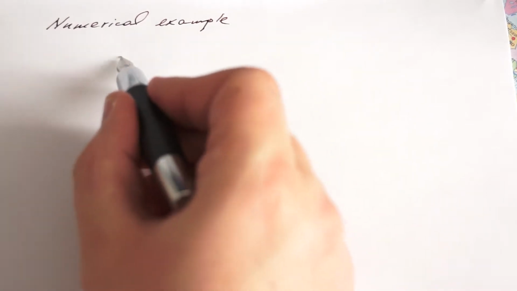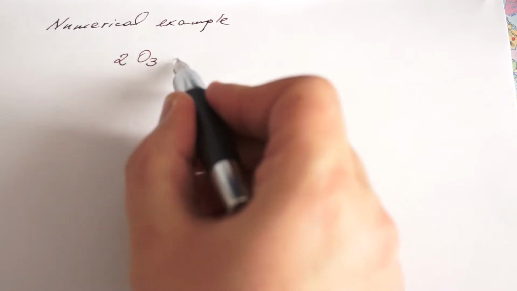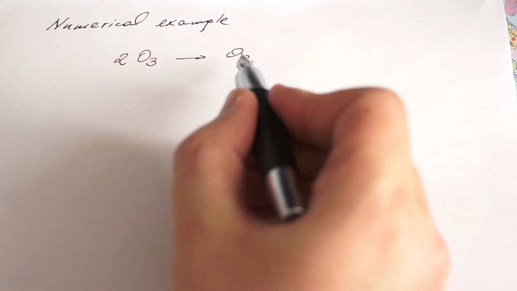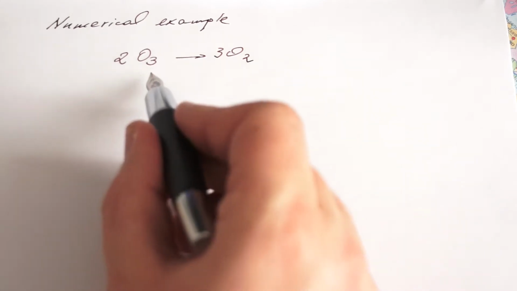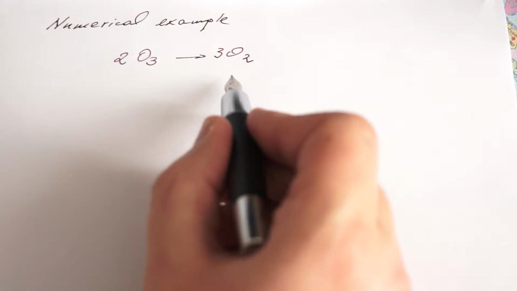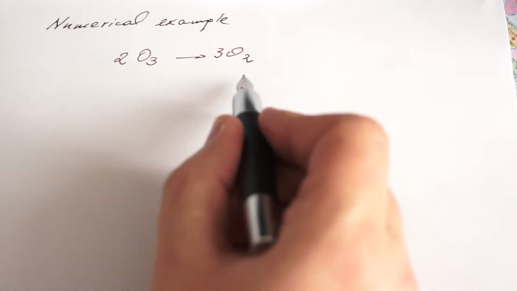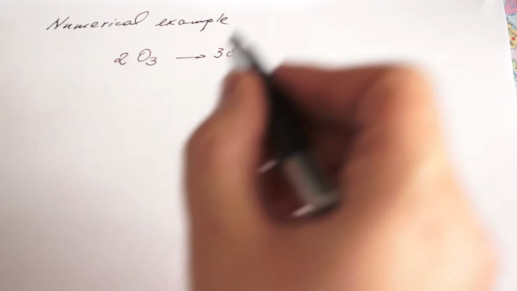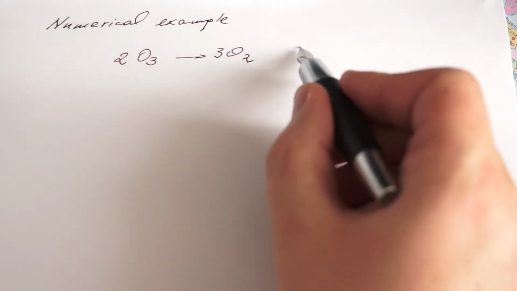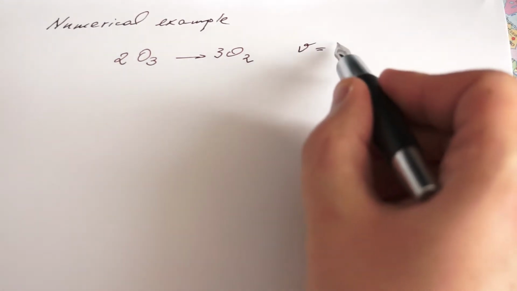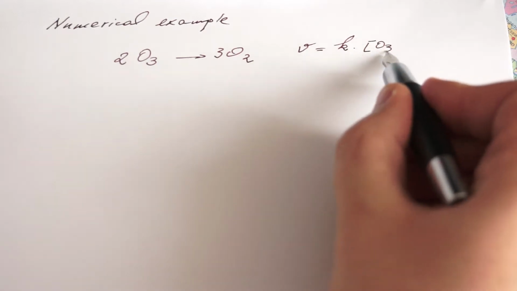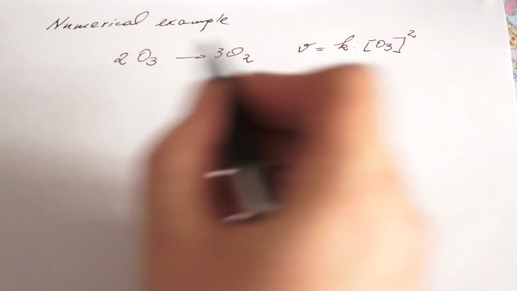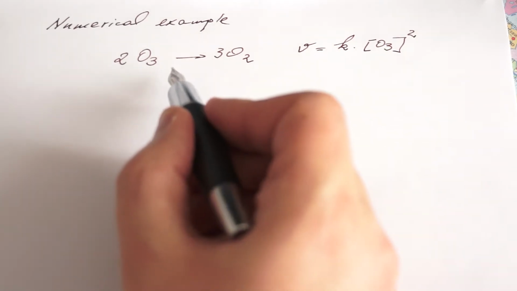The first numerical example that we are going to take is the decomposition of ozone into oxygen. You can see here that in its simplest form, 2 ozone molecules react and lead to 3 oxygen molecules. So normally, theoretically, we would write that the speed of reaction is a reaction constant times ozone to the second, the stoichiometric coefficient.